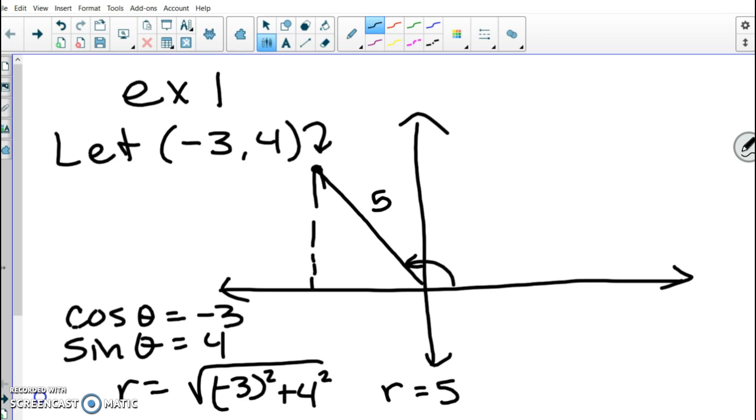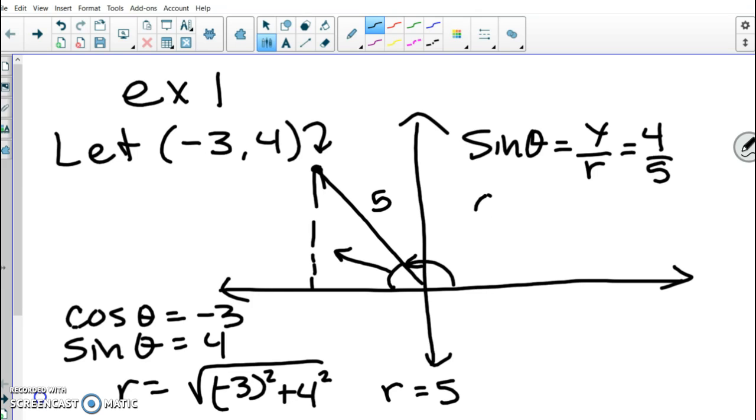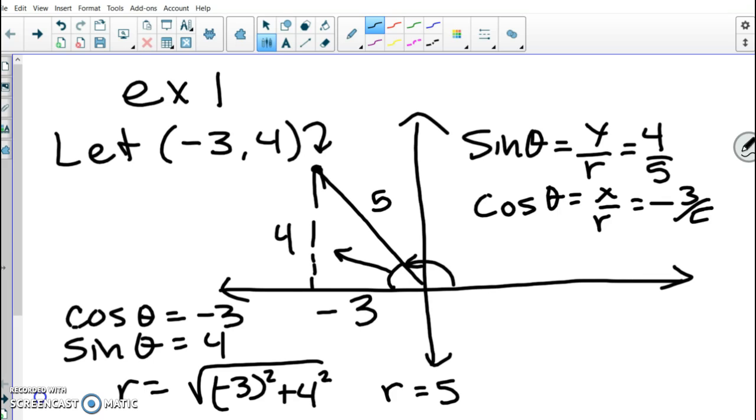Well, if our sine is 4, the sine is opposite over hypotenuse. The sine of theta, y over r. The y value over the radius, that would give us 4/5. And the cosine of theta, adjacent over hypotenuse, that's our value x over r, that would give us negative 3/5.